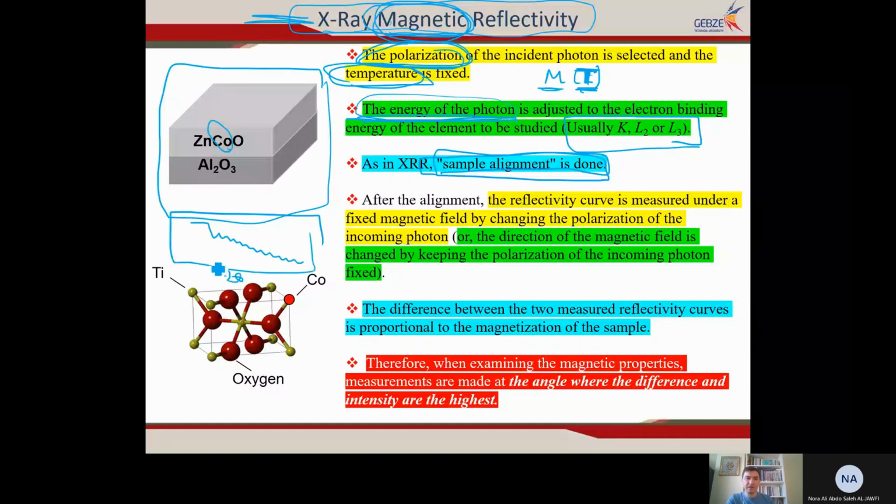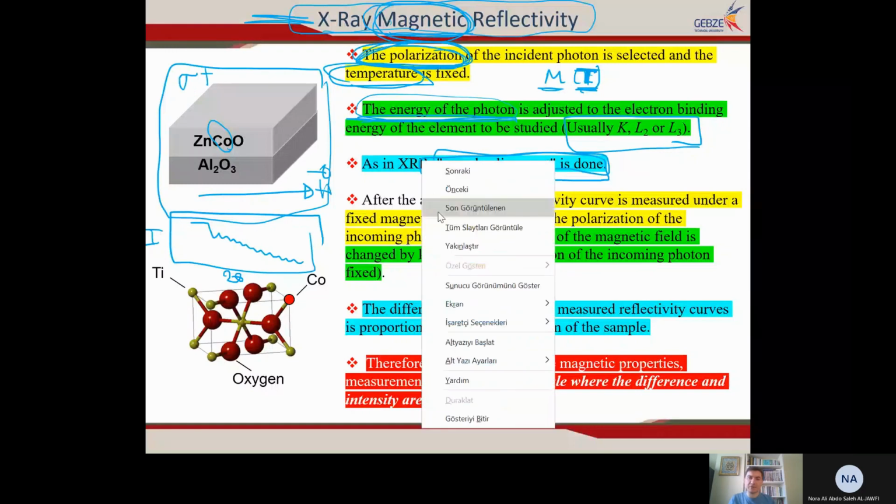This is 2 theta, this is the intensity. But in case of X-ray magnetic reflectivity, you apply a magnetic field to the sample in a certain direction. The polarization is fixed. Let's consider right circularly polarized light is selected. Here I have already shown you.